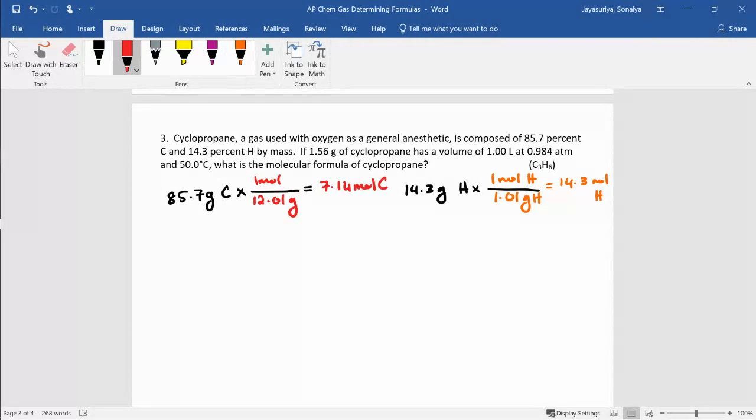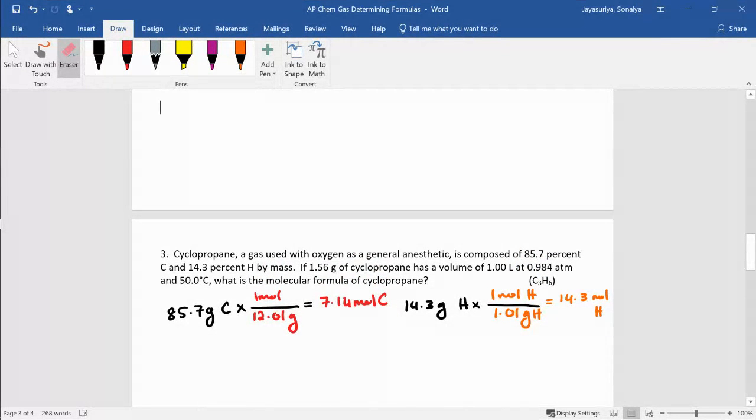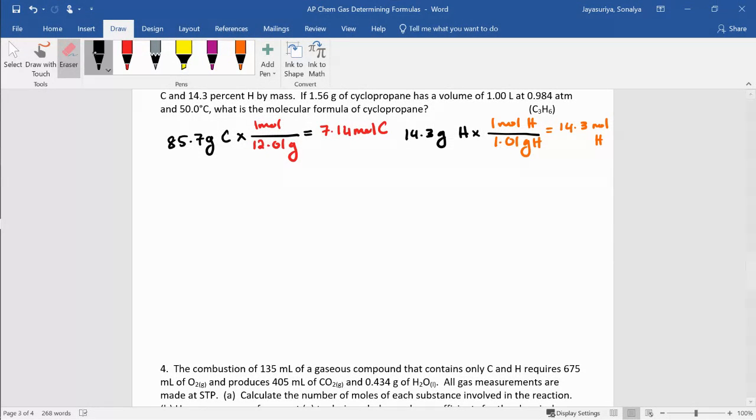Just like empirical formula problems, you must divide by the smaller mole number. I'm going to divide by 7.14. Both of those values should be divided by 7.14. That gives us 1 mole of carbon. I actually like to write it in the way that you would write the formula.